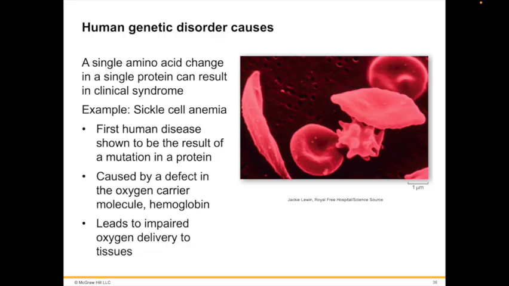In fact, over 700 have been cataloged. It is estimated that 7% of the human population worldwide are carriers for different inherited hemoglobin disorders. This includes thalassemia, which shows altered expression of globin genes and is not a structural change.